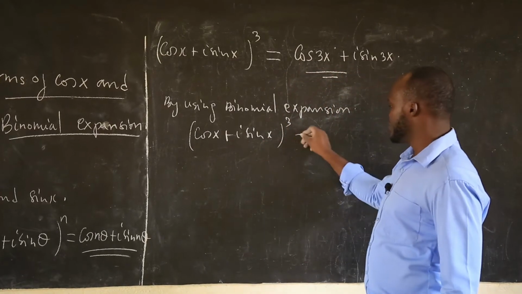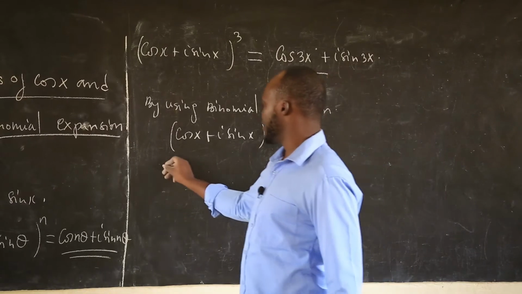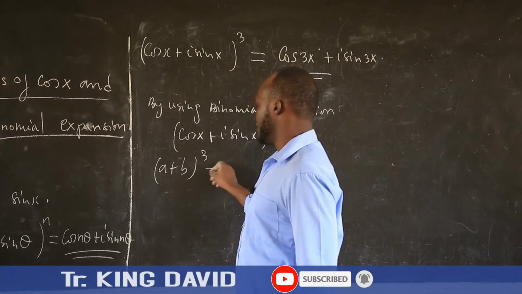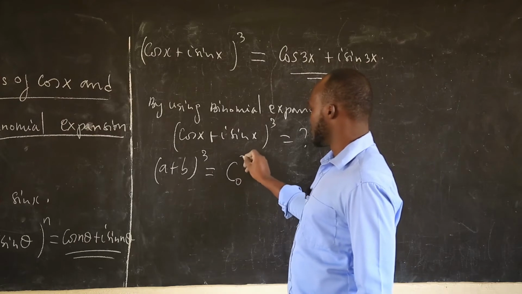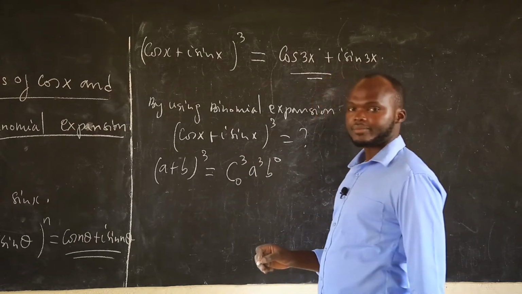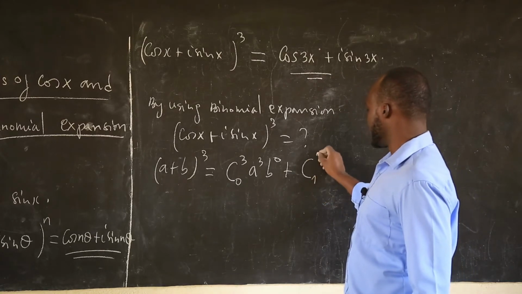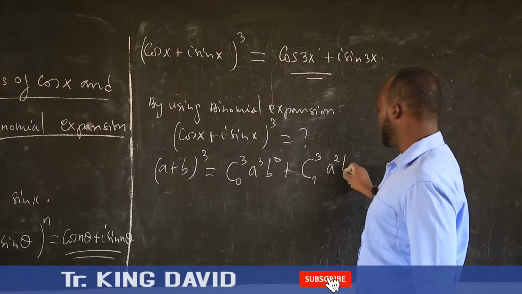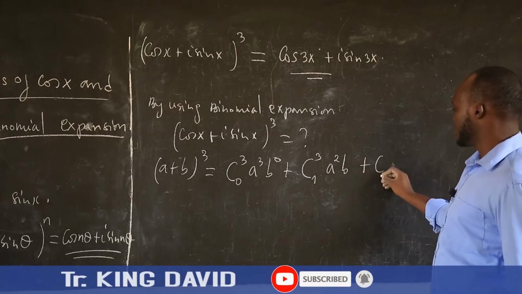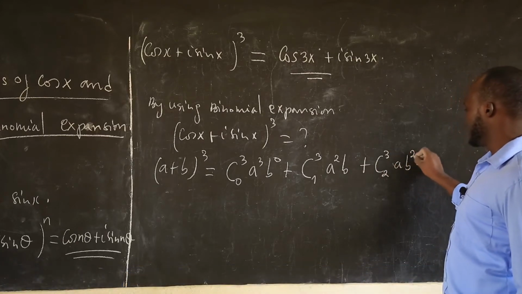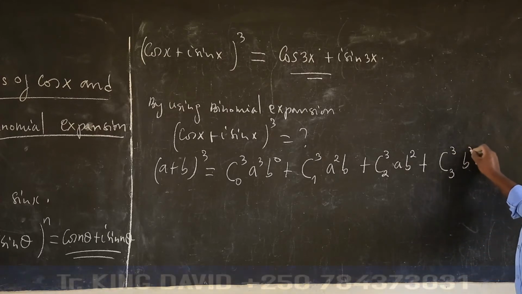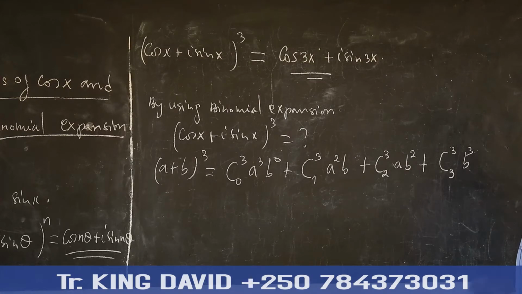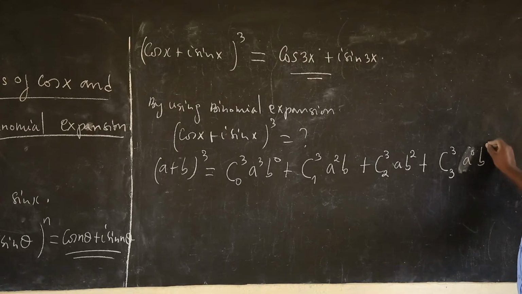Remember, when you have a plus b power 3, the answer is combination 0 of 3, a power 3, b power 0, plus combination 1 of 3, a squared b, plus combination 2 of 3, a b squared, plus combination 3 of 3, a power 0, b power 3.